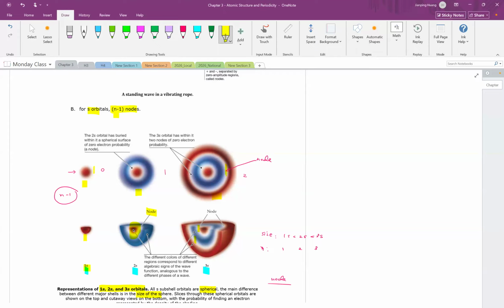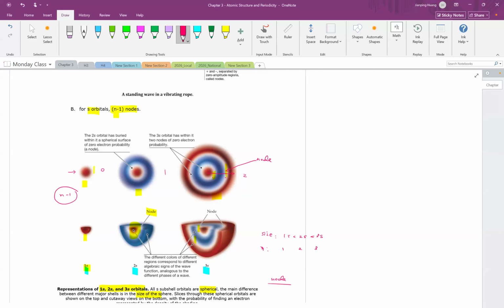That's called radial nodes, related to size, such as from here, here is a node, here is a node. That's radial nodes. Got it.